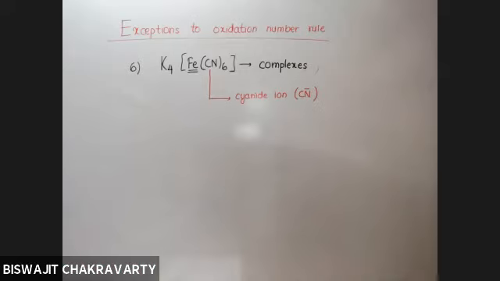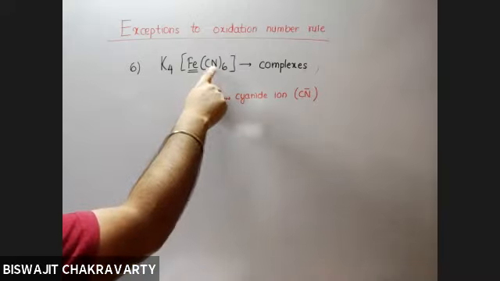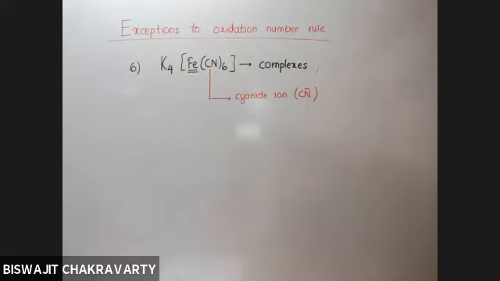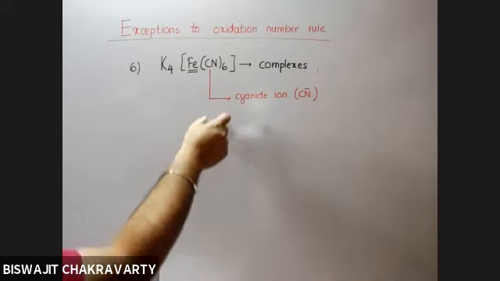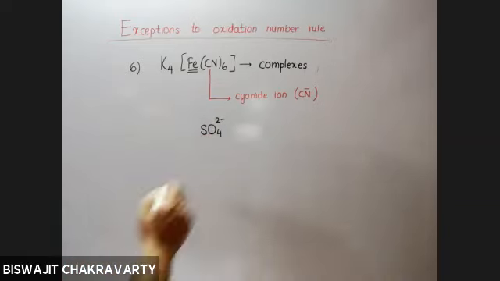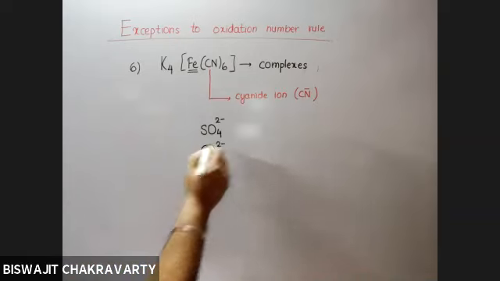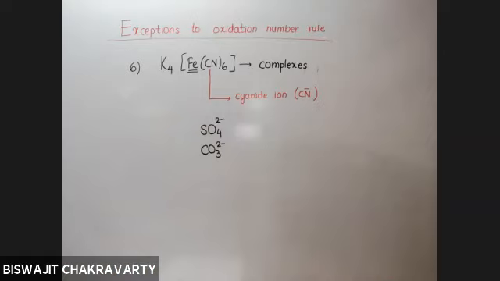So when carbon and nitrogen are present in the form of CN, it should be considered as a group and it is an anion with -1 charge. So as a whole, each cyanide should be considered as -1. Just like that, if you come across SO4, we know that it is a compound ion and therefore the charge of SO4 should be considered as -2. Carbonate ion, CO3 2-, isn't it? So likewise, you have to take the charge as a whole.